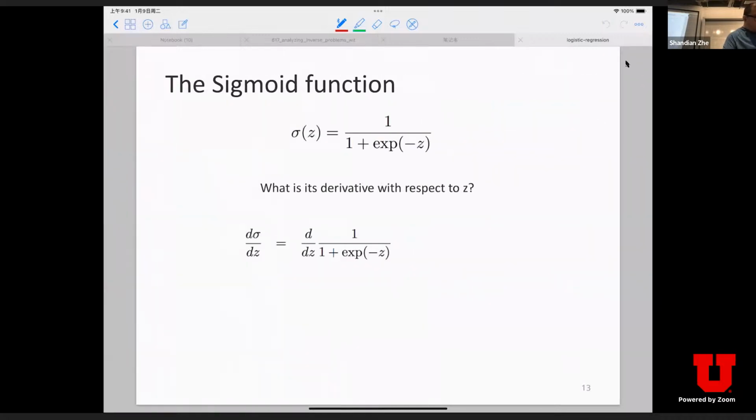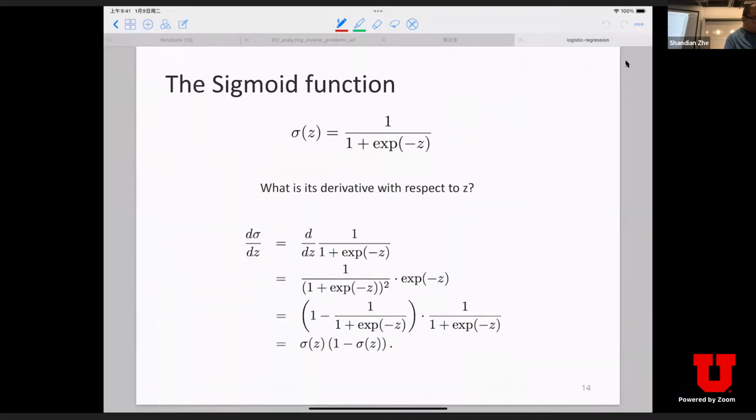Okay, there's also another nice property of the sigmoid function, which we have covered before. That is, how do we calculate the derivative of the sigmoid function? Just a quick review again. If you take the derivative of the sigmoid function with respect to its input z, just apply the chain rule.